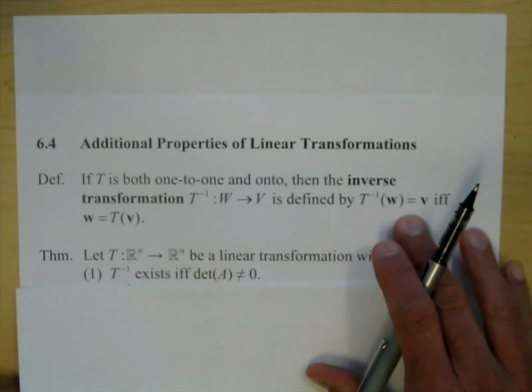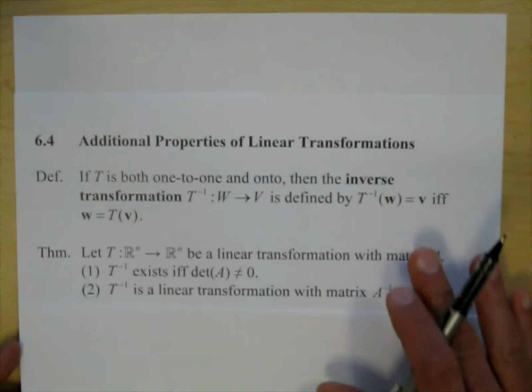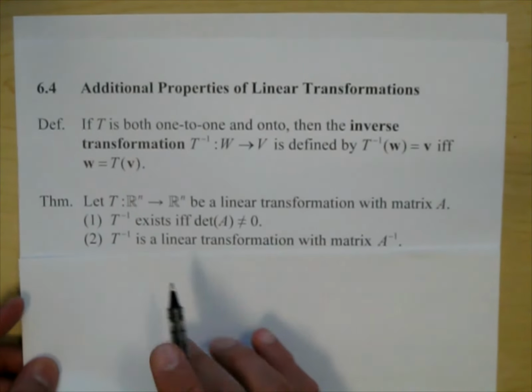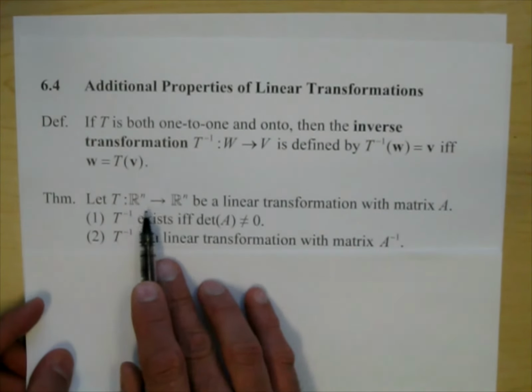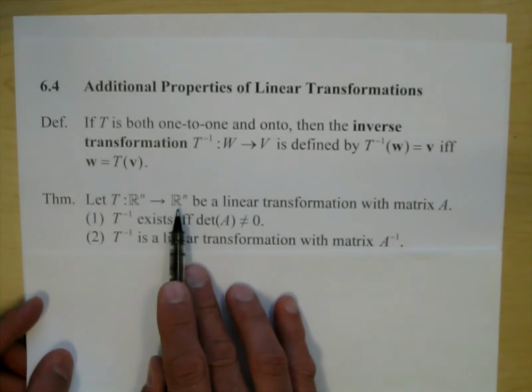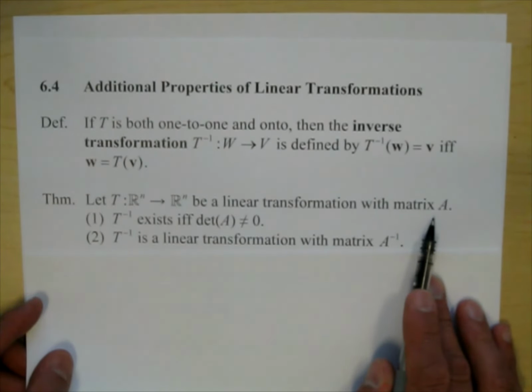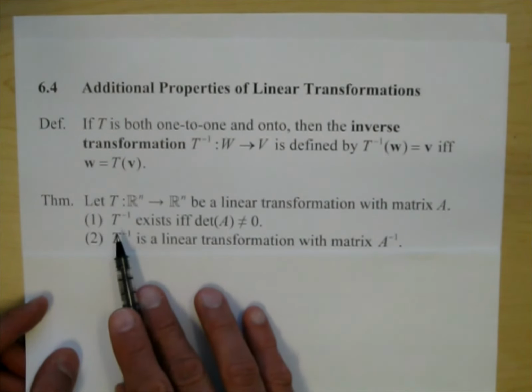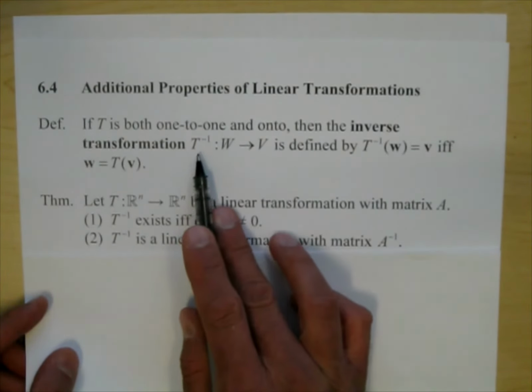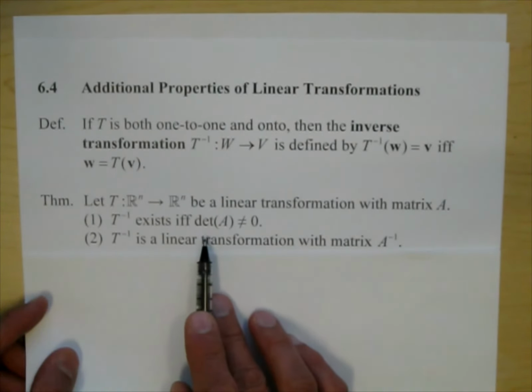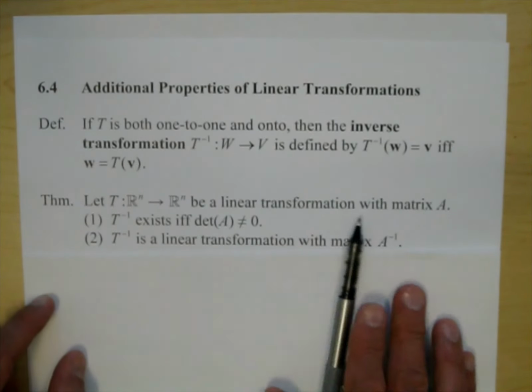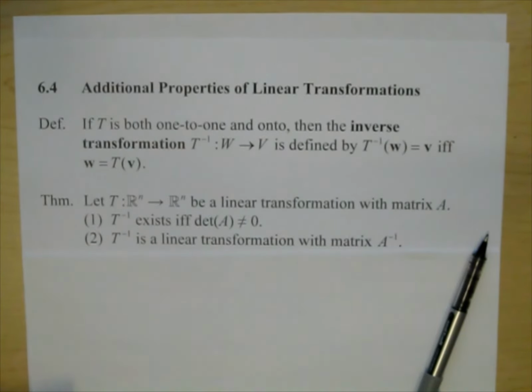So let's take a look at the next theorem. Let T be a transformation that goes from Rn to Rn with the matrix A. T inverse, that's what we're talking about up here, exists if and only if the determinant does not equal 0.